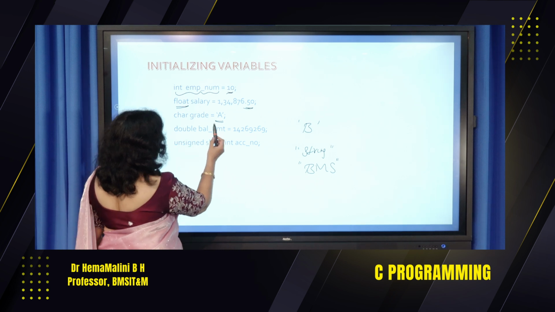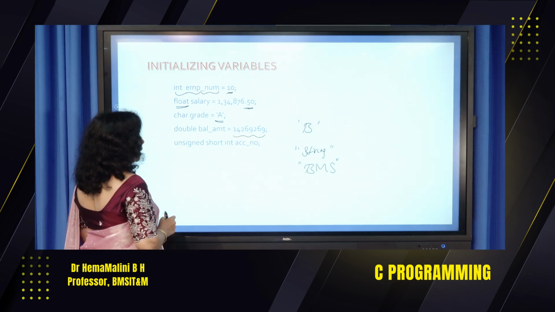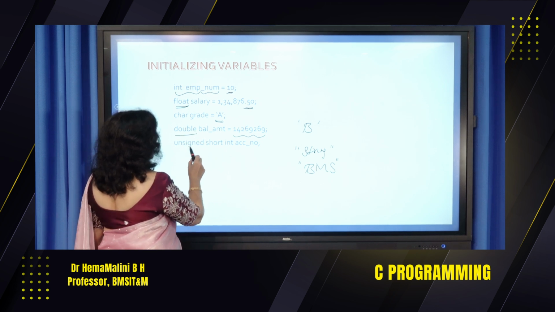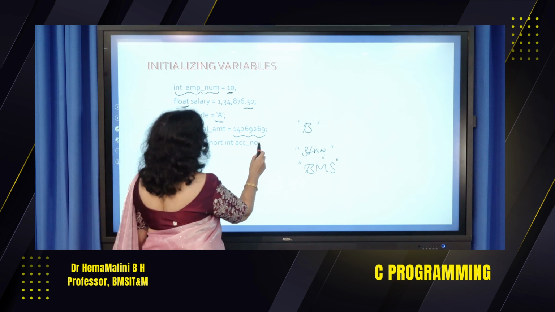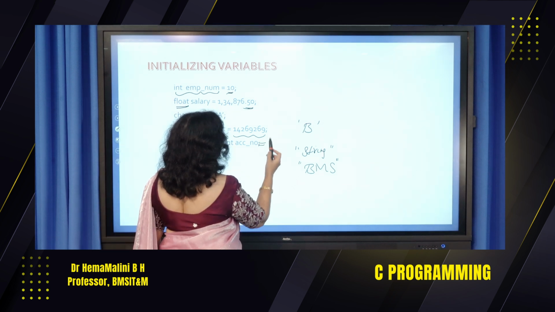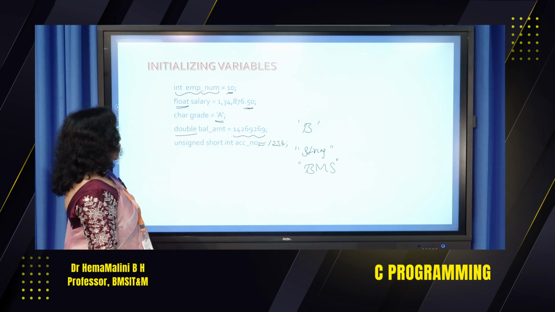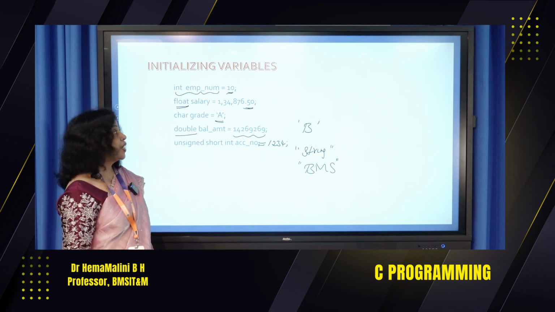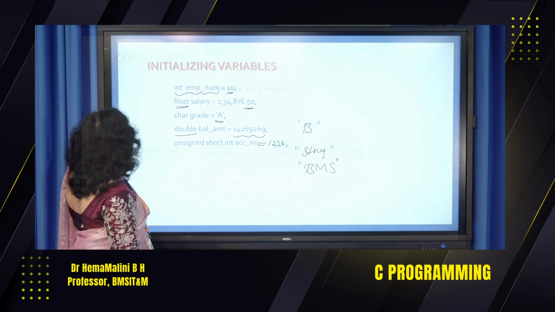Then double balance amount, this is your balance amount, which is of type double. Then unsigned short int account number. If you want to initialize, you can say that it is equal to some value, 1, 2, 3, 4. This is how you initialize the variables.